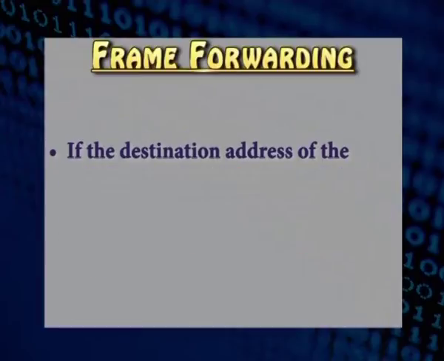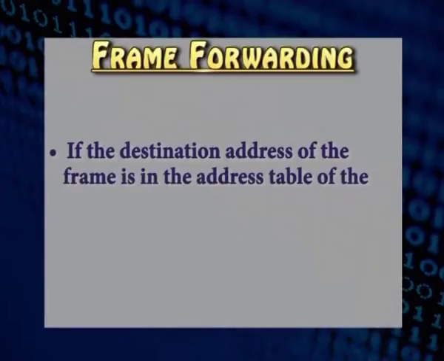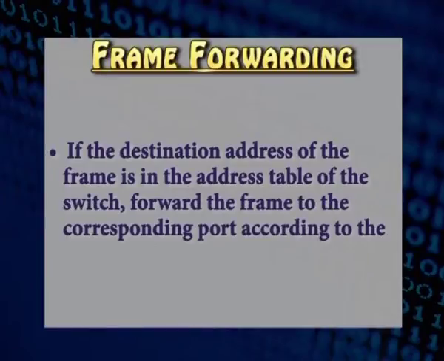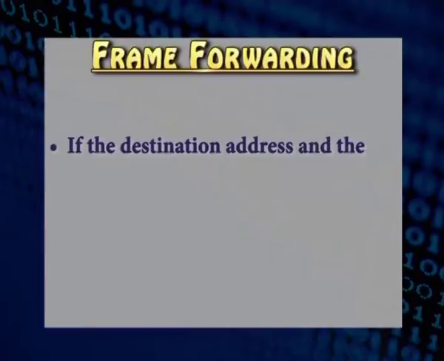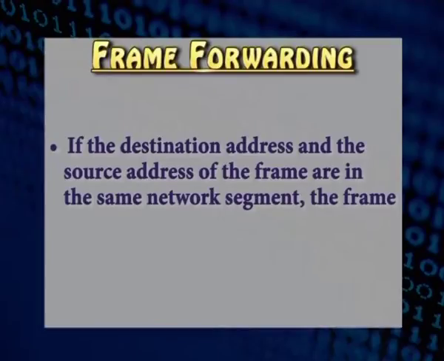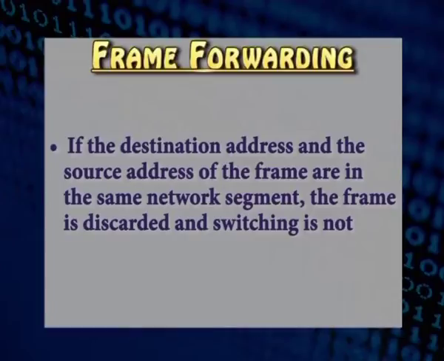If the destination address of the frame is in the address table of the switch, forward the frame to the corresponding port according to the address table. If the destination address and the source address of the frame are in the same network segment, the frame is discarded and switching is not performed.